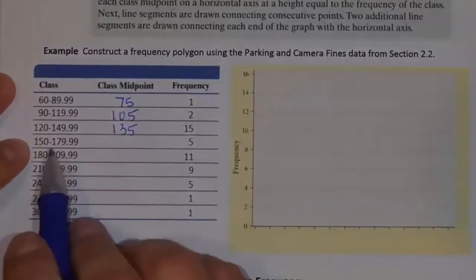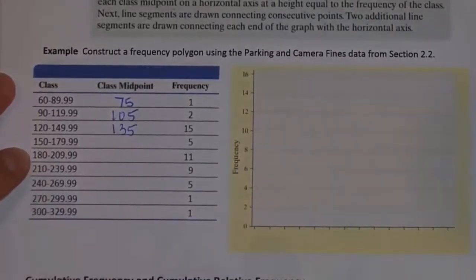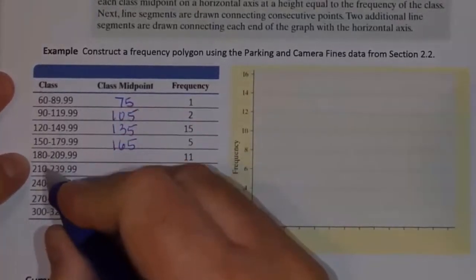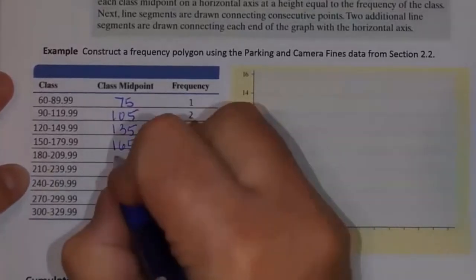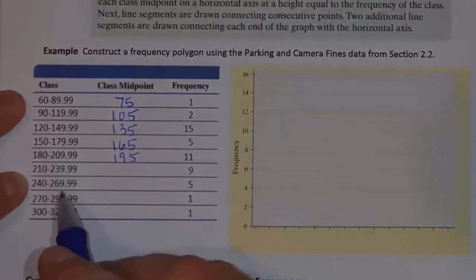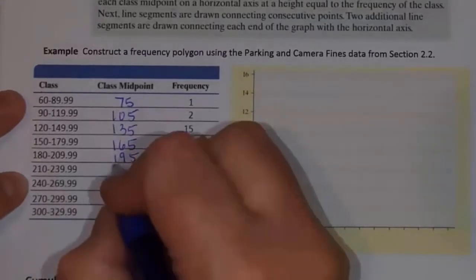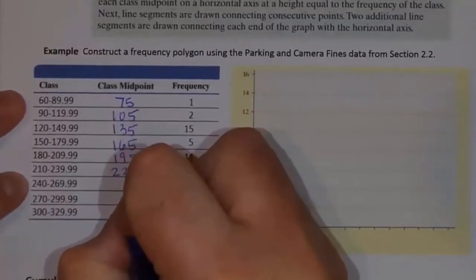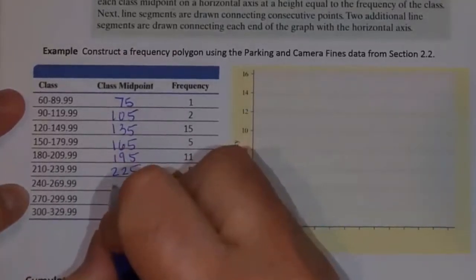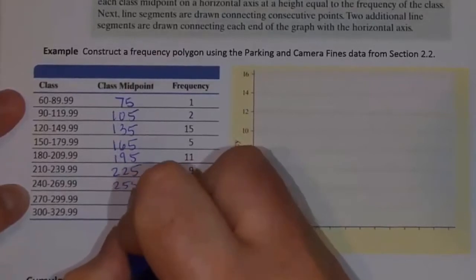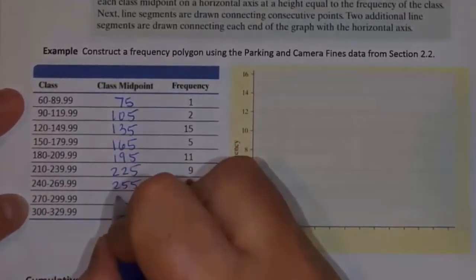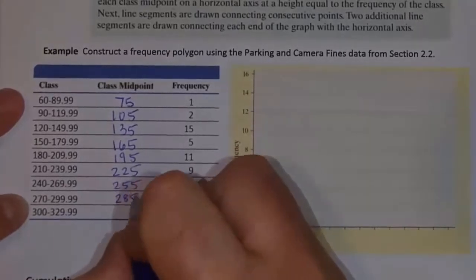If I average 150 and 180, that's going to give me a midpoint of 165. 180 and 210 is going to give me an average of 195. 210 and 240 is going to give me an average of 225. 240 and 270 is going to give me an average of 255. 270 and 300 is going to give me an average of 285.